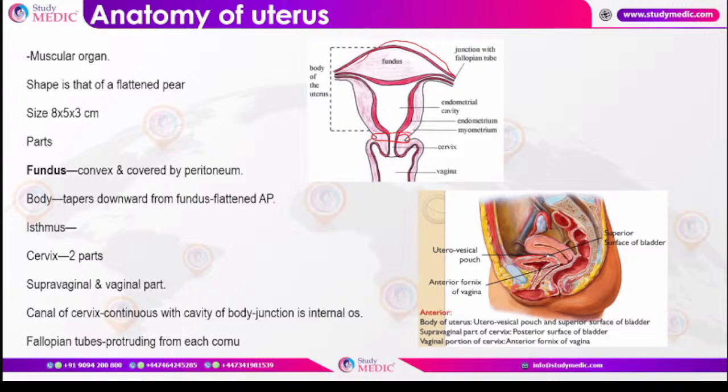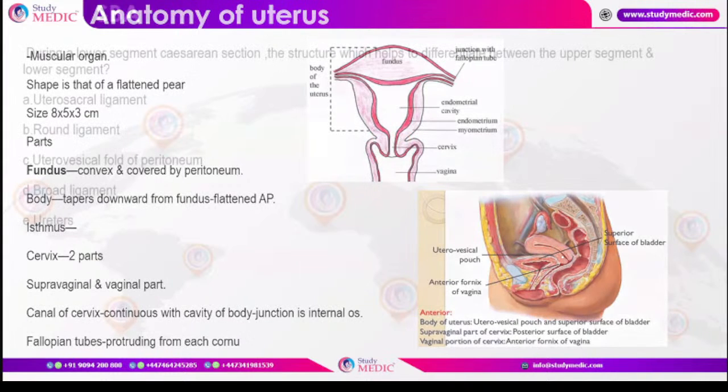From there, it forms the utrovesical pouch, and then it turns on and covers the fundus of the uterus. So this part, the lower uterine segment, the supravaginal part of the cervix and the vaginal part of the cervix, this is devoid of any peritoneal covering. That is the most important thing to remember, because it could be asked as an SBA to you.